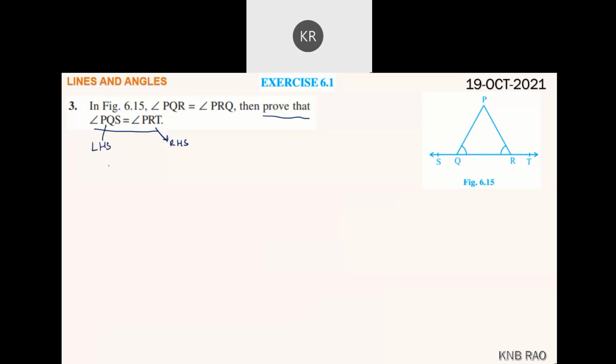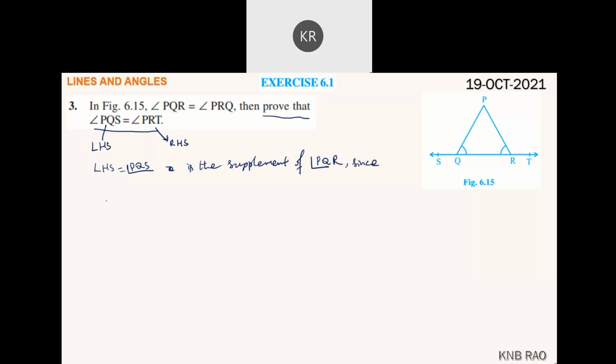If I am starting with the left hand side, it is angle PQS. Angle PQS is the supplement of angle PQR. Why?